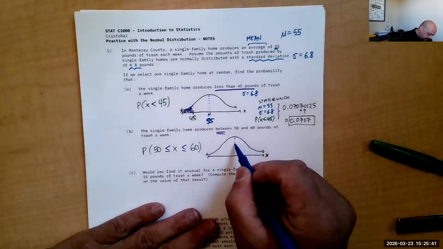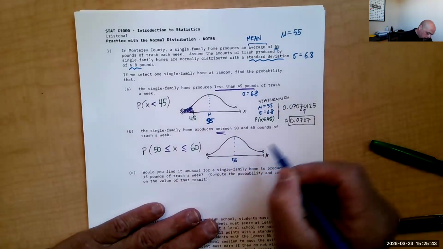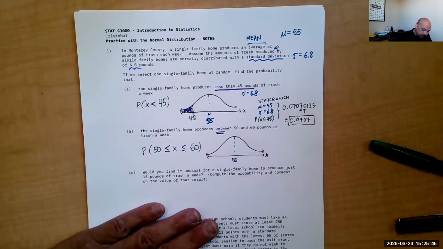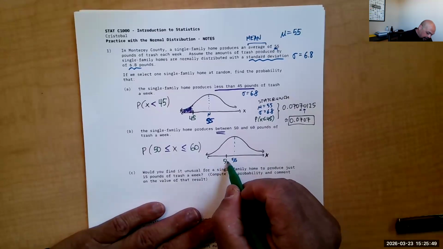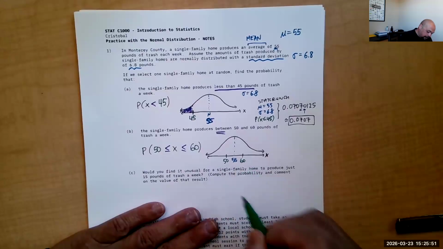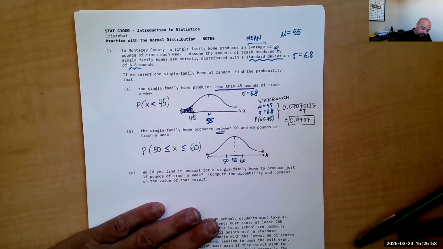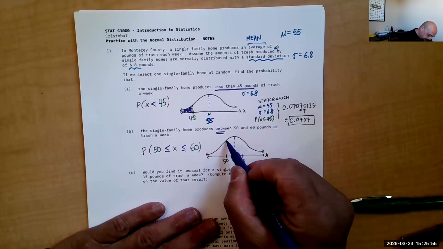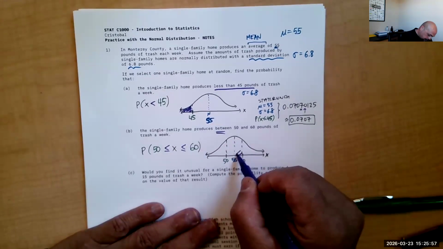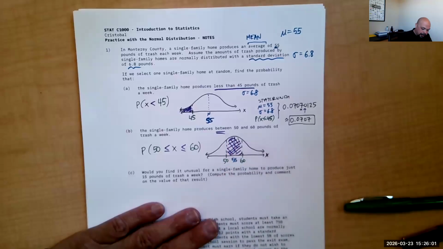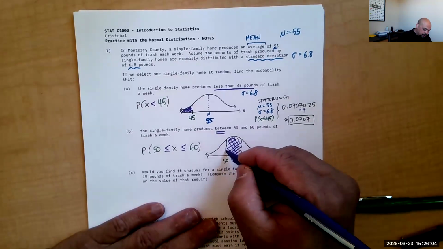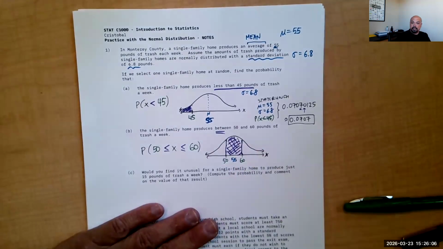Our mean 55 is still the same. Our standard deviation is still 6.8. But now, with our values 50 and 60, we're on either side of that peak, that mean. And now I'm looking for this area between those amounts. Okay? We can use solid lines if you wish, like so.